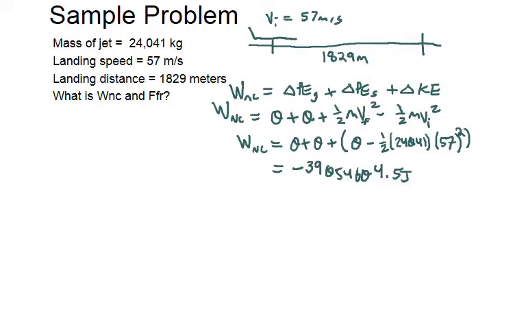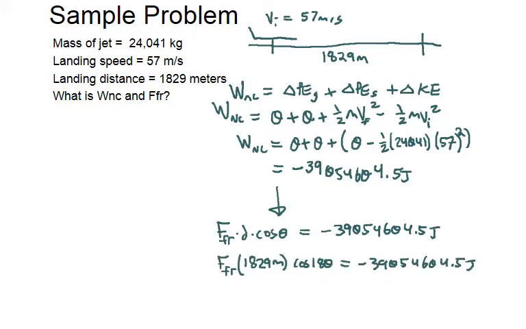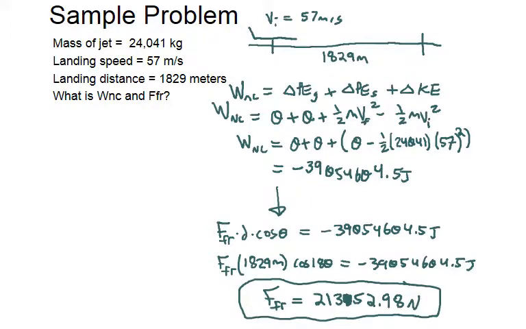And when we solve for the non-conservative work, we get a lot of non-conservative work, 39 million and change joules. And then if we solve for the force, we've got the displacement, we've got a cosine again of 180, friction's always acting backwards, and here's our frictional force.